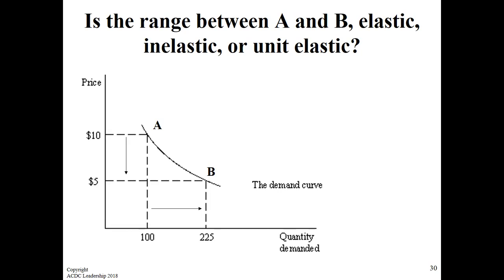The revenue has to increase. So it goes from 10 times 100, which is 1,000, and then 5 times 245 is 1,100. So price went down, total revenue went up. So it's elastic, right?